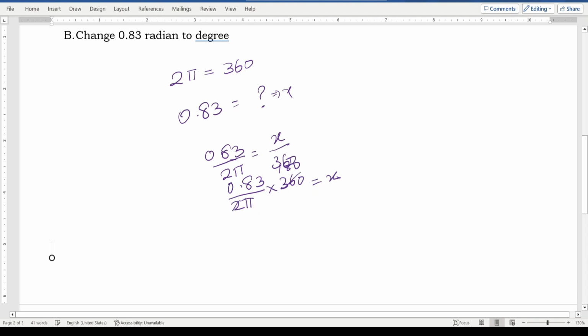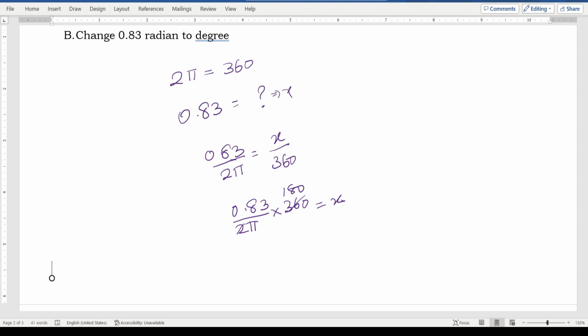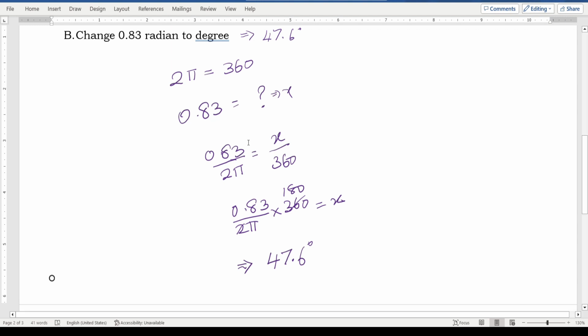So we calculate 0.83 times 180 degree, which becomes 47.6 degree. So this 0.83 radian equals 47.6 degree. Clear? So this is how we find the radian.